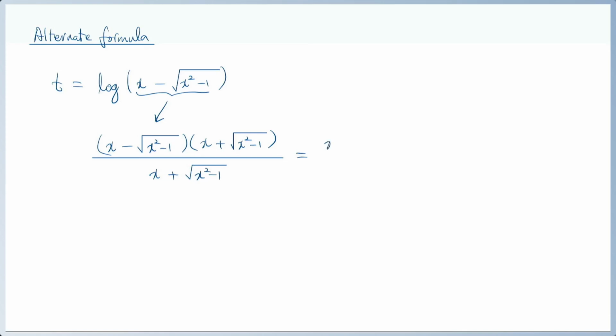The top simplifies to x squared minus (x squared minus 1), divided by x plus root x squared minus 1. Now we don't care about this subtraction because x will become large, and a large number and a small number are not nearby.